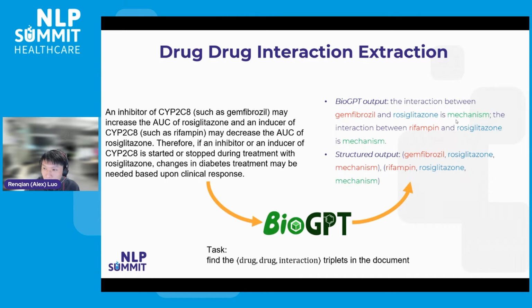As it's a generative model, it is easy for it to continue generating if it detects more than one triplet in the document. So it continues to generate another sentence indicating another triplet of drug-drug interaction. And also we can easily parse out the structured output here.